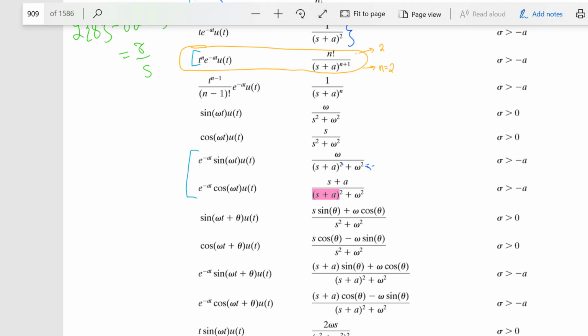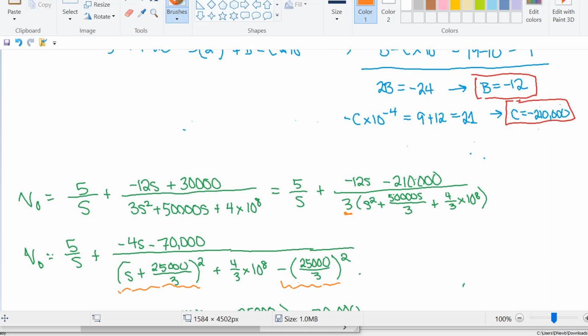Whatever the expression in s is in the denominator, you have to have that same expression in the numerator. So since I have s plus 25,000 over 3, this s right here also needs to be replaced with s plus 25,000 over 3.